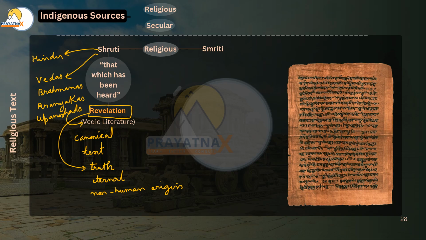Now, Shruti, simply speaking, means listening. It includes the texts which were transmitted orally generation by generation.